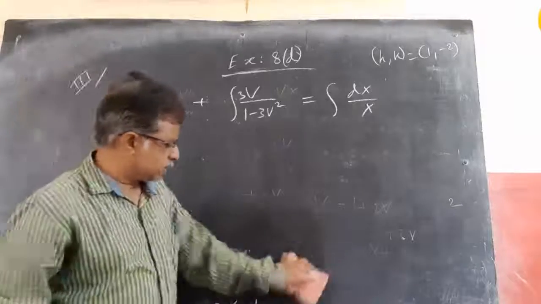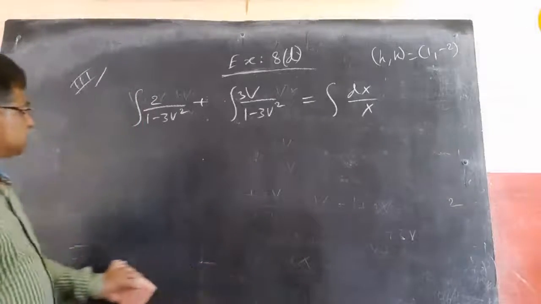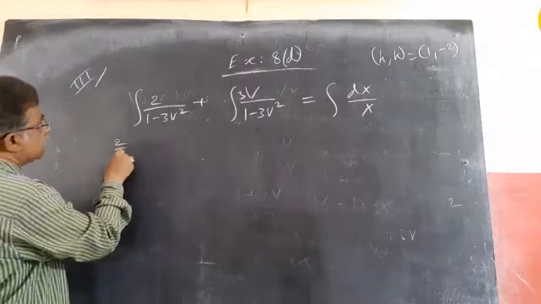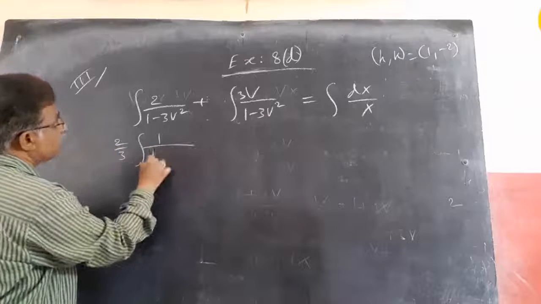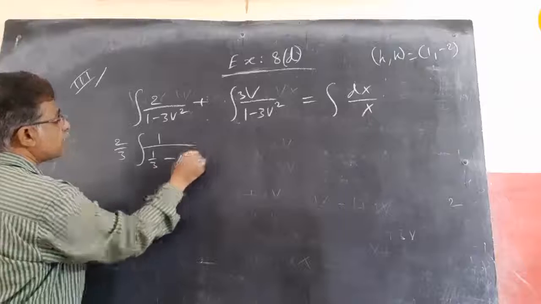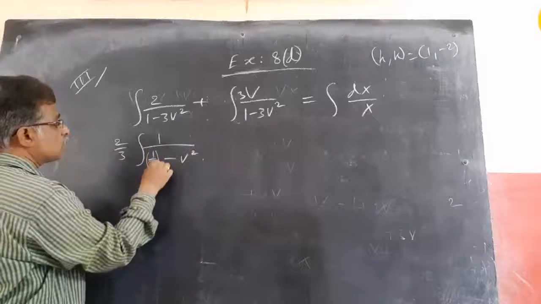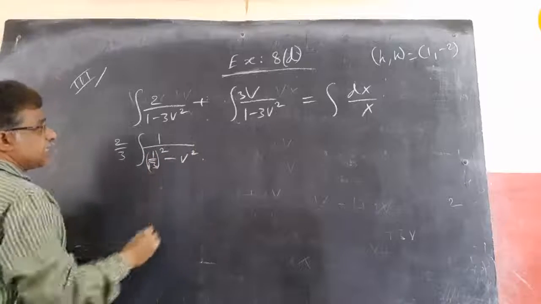Now this part you know how to integrate. If I write 2 by 3 outside, this becomes the integral of 1 by 1 by 3 minus v square. Why I am writing like this is 1 by root 3 whole square, so I can use the 1 by a square minus x square formula.